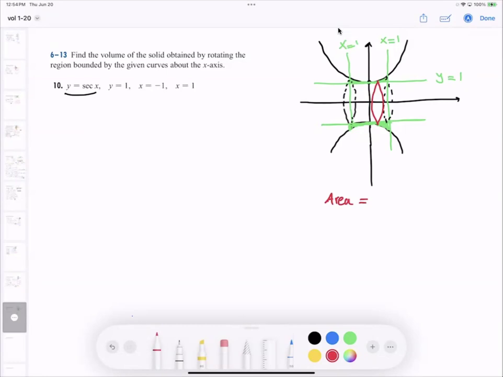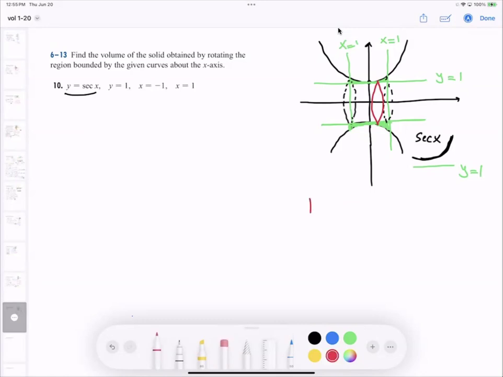So take a look. Here you have one portion which is located on secant, and one portion which is located on y equals 1. So you have to do a little bit of subtraction. To find the area, let us find the larger area and then find the smaller area and do the subtraction.